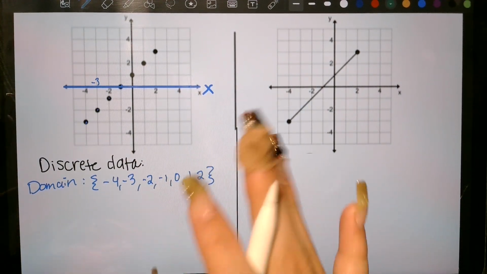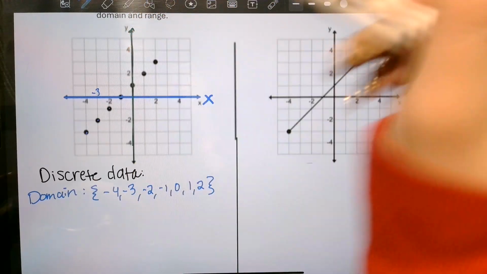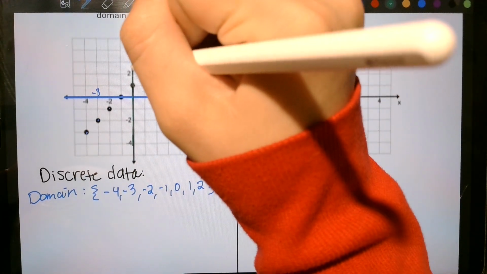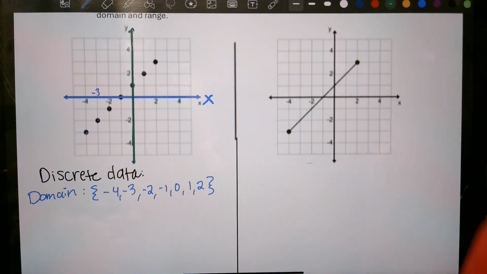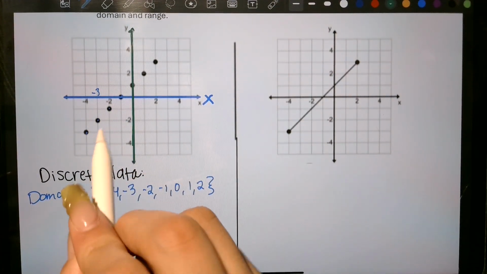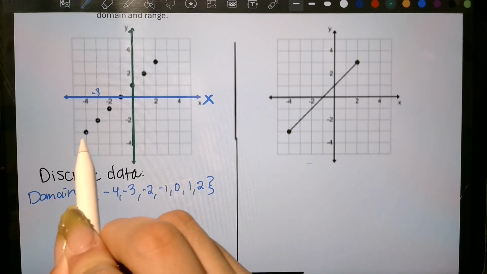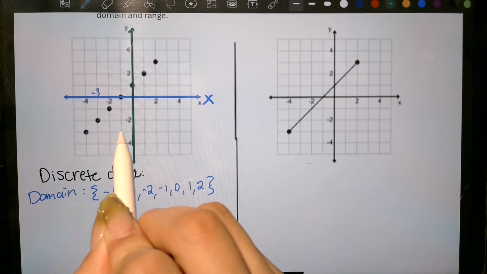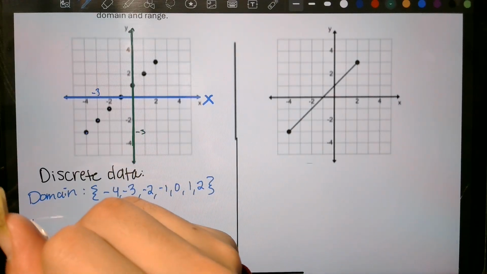So now let's look at the range. And like we said earlier, the range is all the y values. So we're going to have to look at the y values for these points. So if I take this point to my y-axis, and we always start at the lowest point, right? If I take this point to my y-axis, this would be -3.